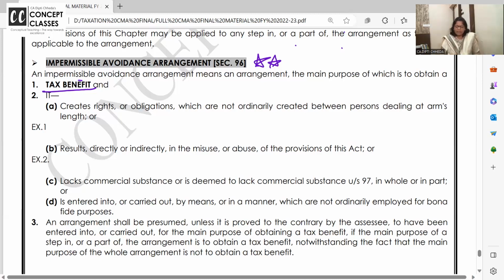Impermissible avoidance arrangement means an arrangement, the main purpose of which is to obtain a tax benefit. You are doing the arrangement not to do genuine business with your parties, but just to avoid the tax.